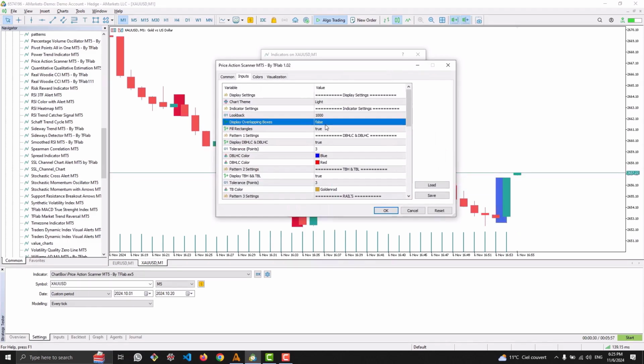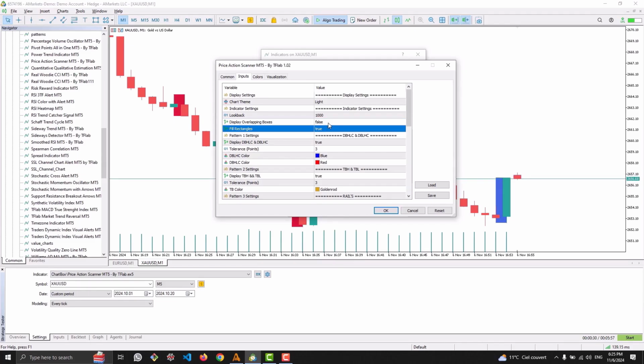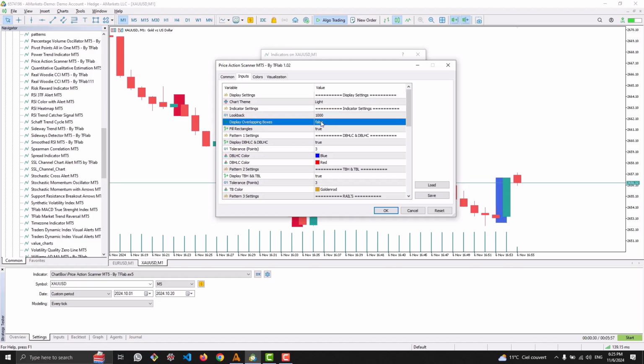Initially, there are 3 options for the general mode of the indicator. The first option is the number of candlesticks in the past for which this indicator identifies and displays these patterns. The second option, if set to true, will display both patterns when they overlap.